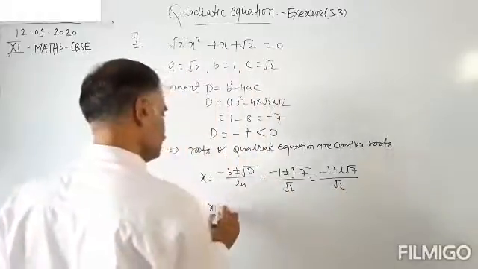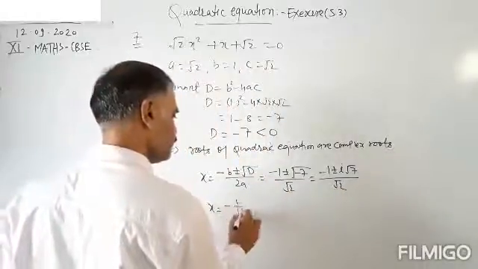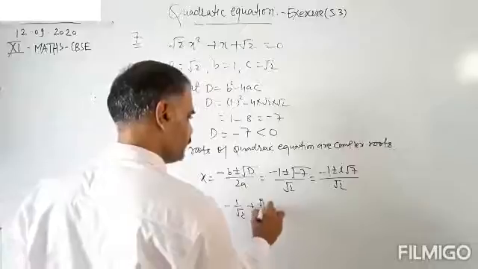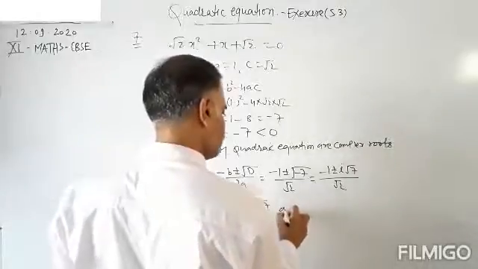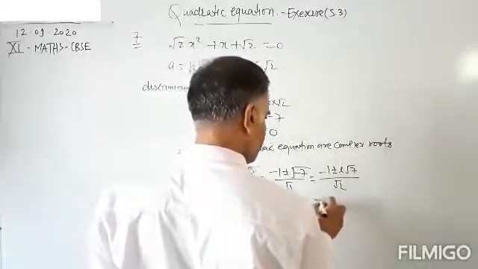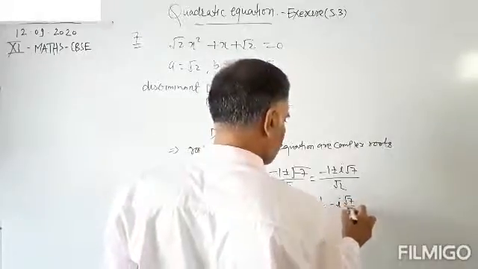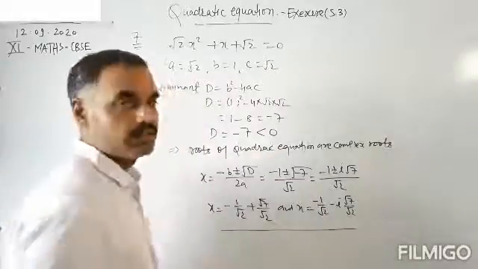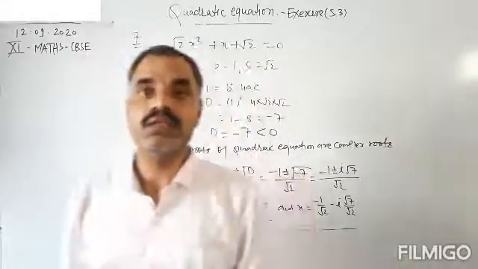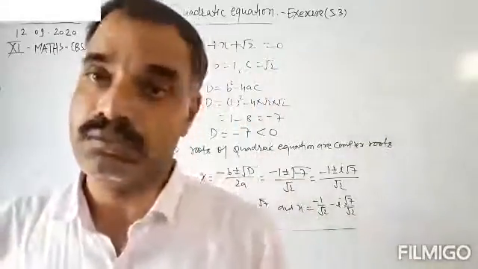So the roots are x equals minus 1 upon under root 2 plus iota under root 7 upon under root 2, and the other root is minus 1 upon under root 2 minus iota under root 7 upon under root 2. These are two roots, and these are complex roots.